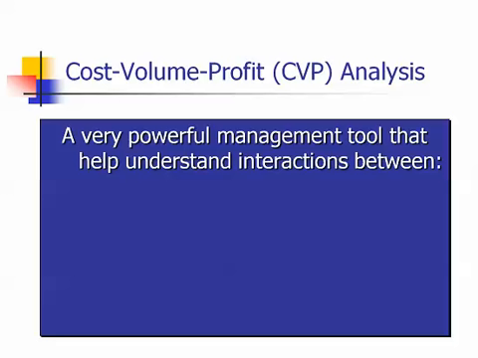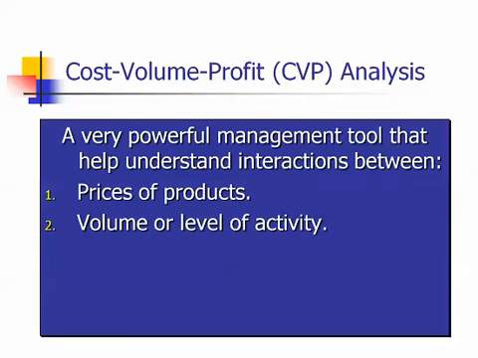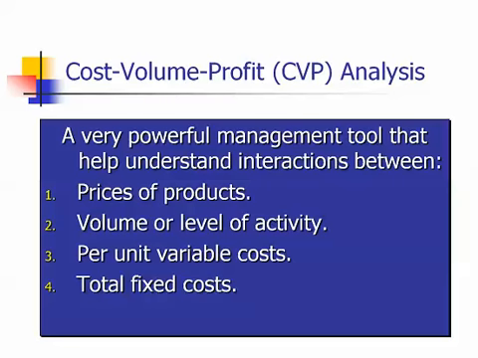That, in a nutshell, is cost-volume profit analysis. In performing cost-volume profit analysis, I strongly urge you to follow the income statement approach. By modifying our approach, we can answer questions regarding our product pricing, our variable cost, our level of units or sales that we need to achieve, our per unit fixed cost, and our mix of products that we sell.